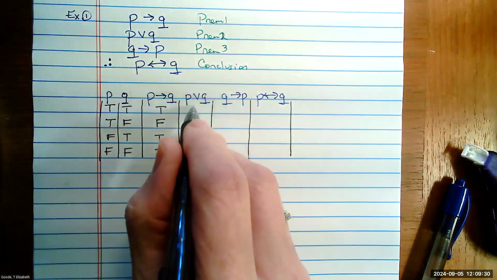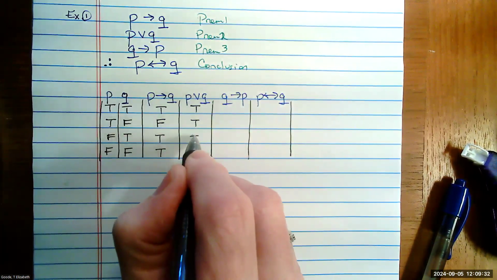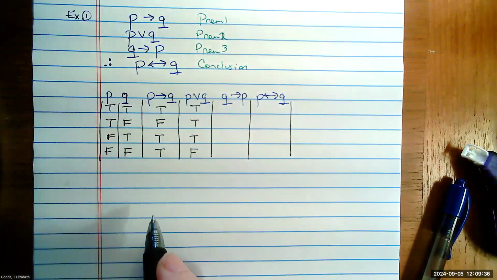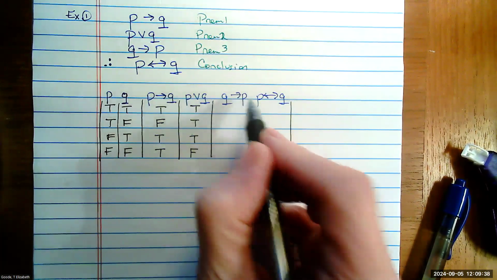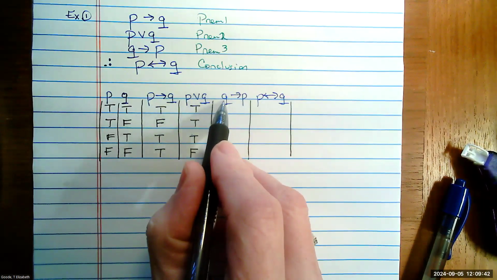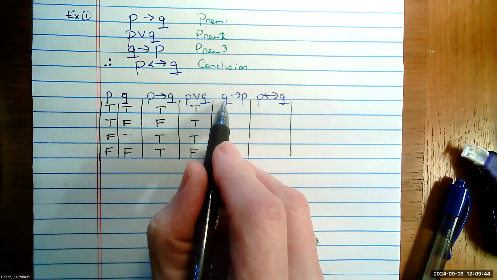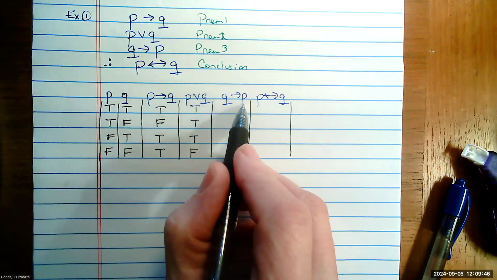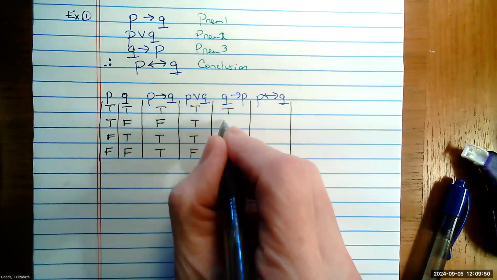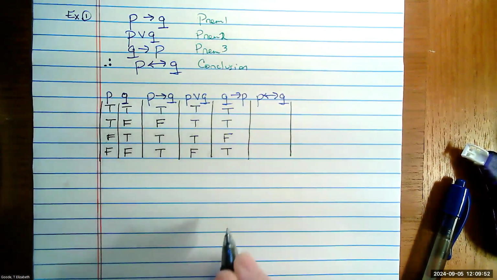P or Q is true in the first 3 rows, and it only fails if both P and Q are false. Q implies P, being an implication, only fails if the hypothesis, which is Q, is false, and the conclusion, P, is true. That happens in row 3. In every other row, Q implies P is true.